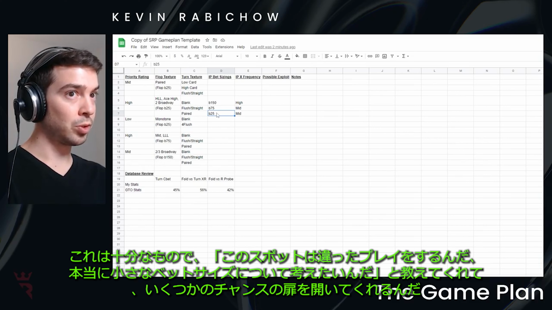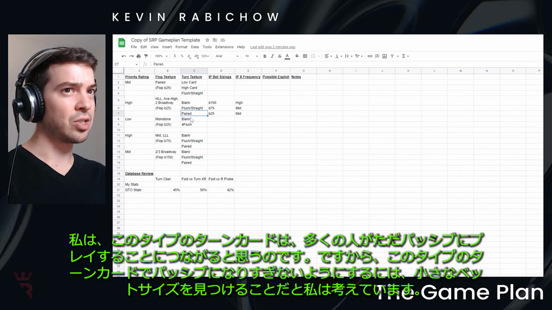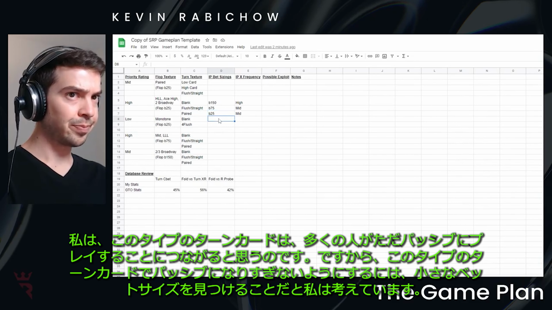You want to think about really small bet sizes, and that opens the door for some opportunities, maybe to find good exploits, or to just build a strategy that makes sense to me without having such a high checking frequency. I think this is the type of turn card that will lead a lot of people to play too passive. So this is a reminder to me that the way we can avoid being too passive on this type of turn texture is by finding small bet sizes.